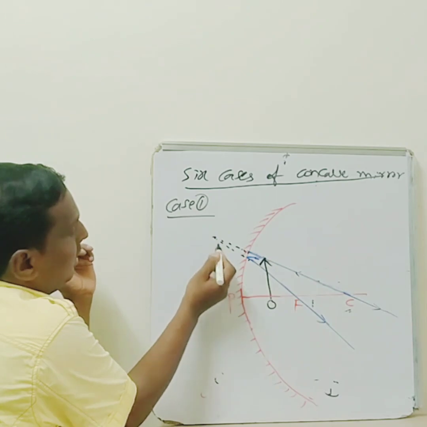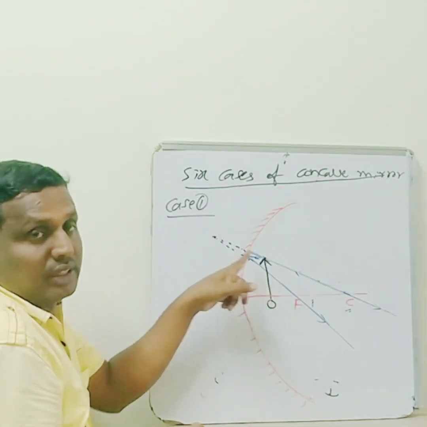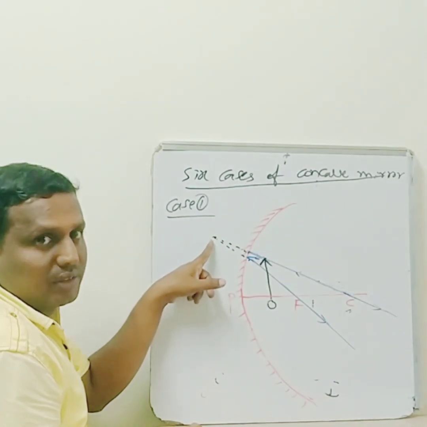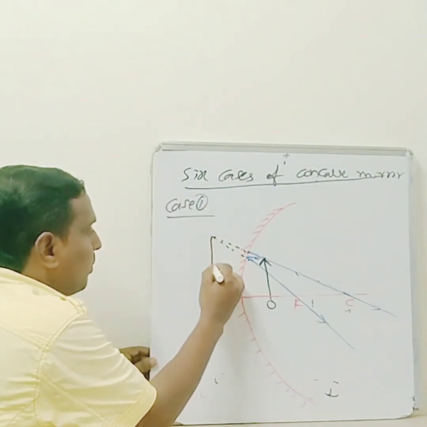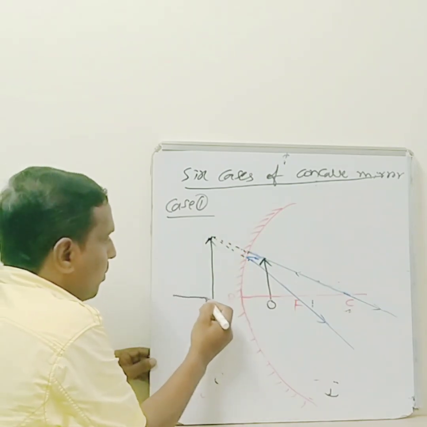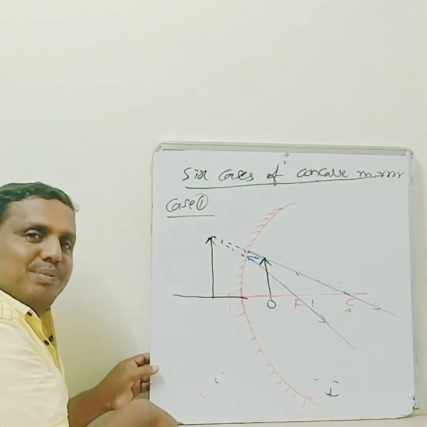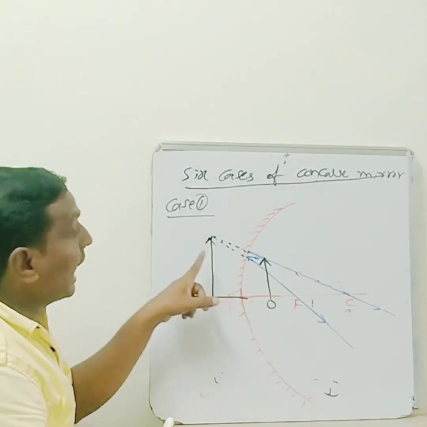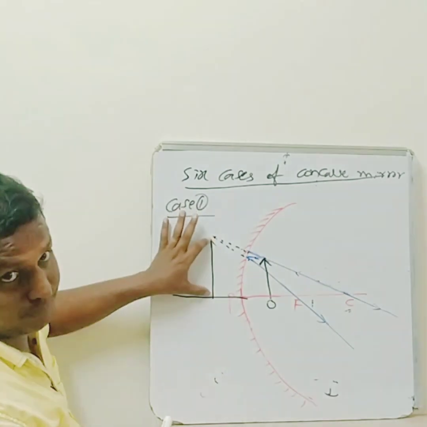Then what do we get here? These two lines, which are the reflected rays, intersect here. So then we get the image here. How is the image? Size increased and erect.